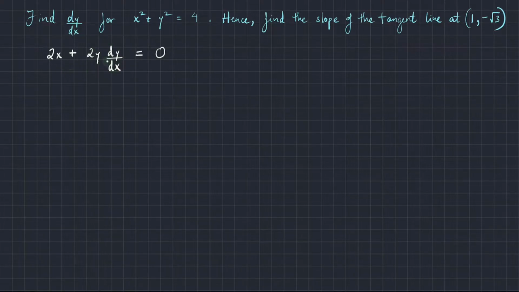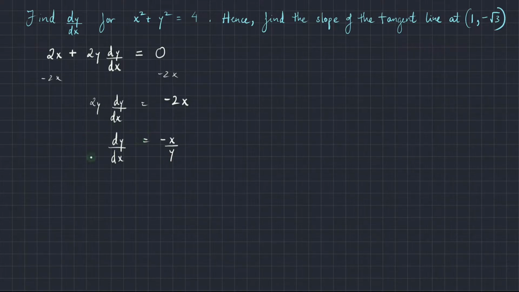So rearranging for dy/dx, I can subtract 2x from both sides, so we have 2y dy/dx equals negative 2x. And dividing both sides by 2y, we have dy/dx equals negative x over y.